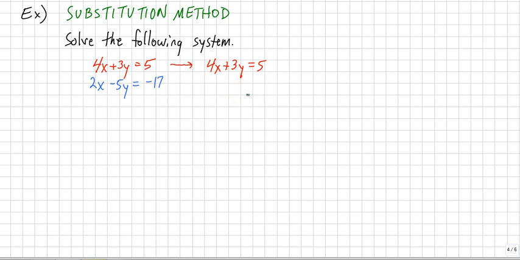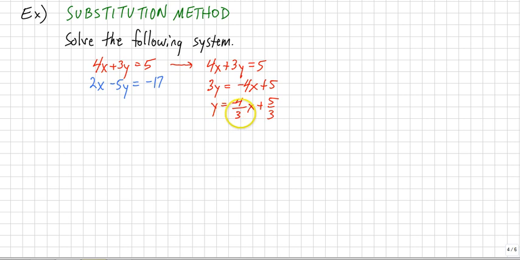You could solve for x. That'd be fine. Your work would be a little different, but I'm going to solve this for y. So I'm going to subtract 4x from both sides, and then divide everything by 3. So we get negative 4/3 x plus 5/3.